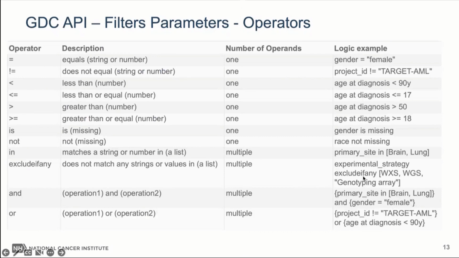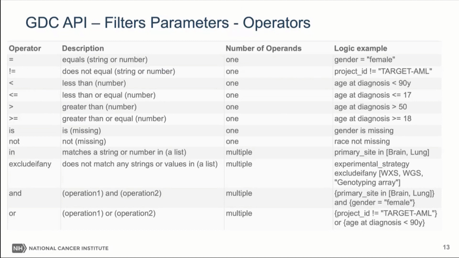So to talk about the operators, most people who are using an API, or watching a webinar about the API, are probably familiar with many of these, like equals to, not equals to, less than, that kind of thing. But there's a few here that might interest you, like for example, exclude if any. This will exclude anything that you specify.